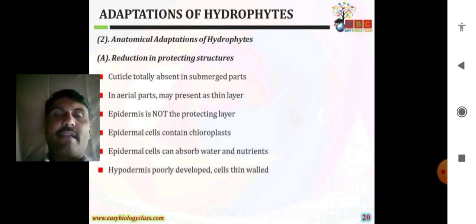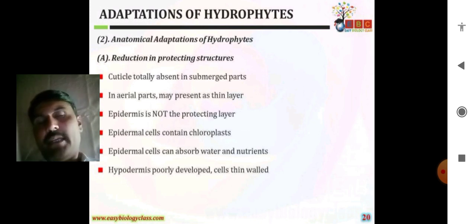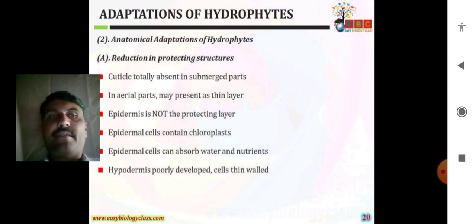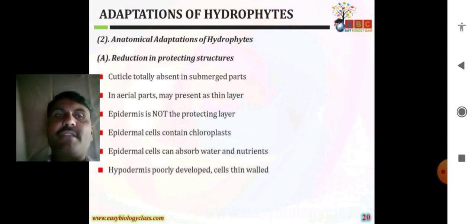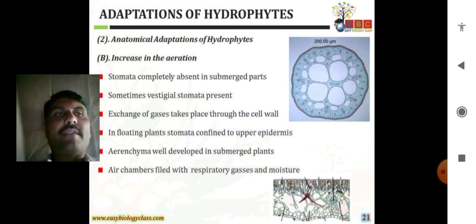These cells develop the ability to absorb water as well as nutrients. Hypodermis is poorly developed. Cells are thin walled.